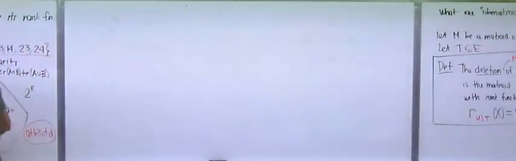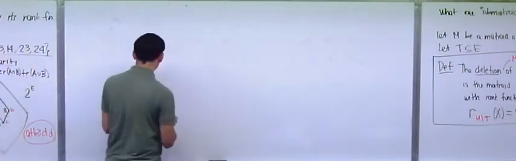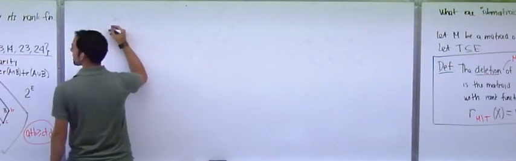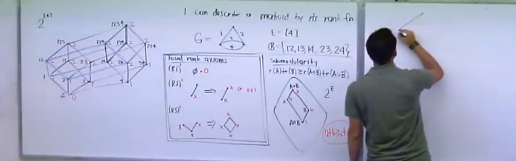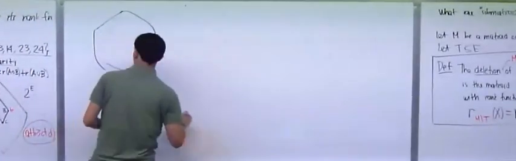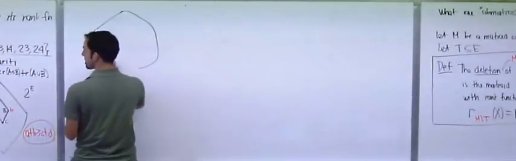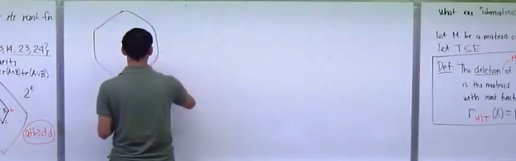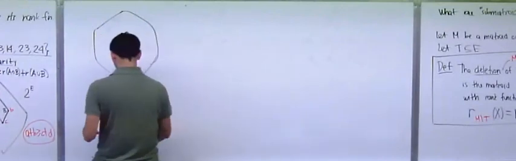Okay, so let's try to look for that blue matroid. That blue matroid certainly looks like it lives inside our black matroid. Okay, here's the big thing. Then here's my blue matroid.